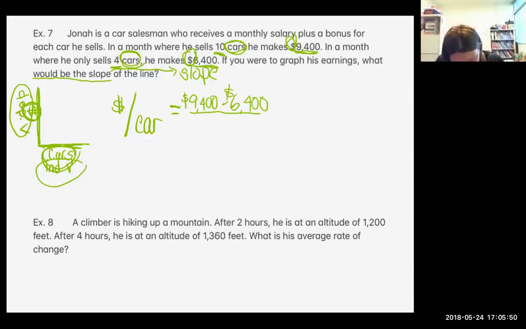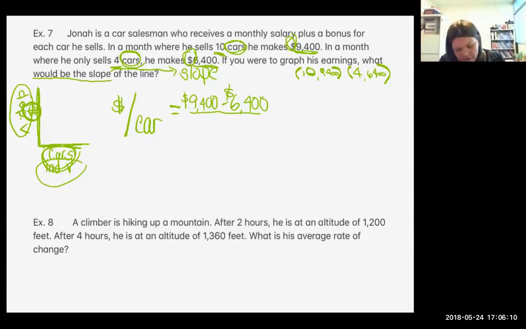It's like I have 2 points. When he sells 10 cars, he makes 9,400. So like the point (10, 9400). And when he sells 4 cars, he makes 6,400. So like the point (4, 6400).